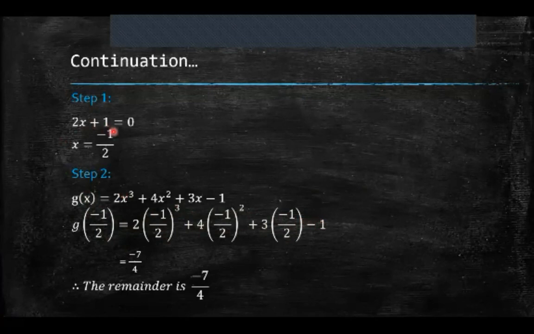What did I do? Wherever I saw x in my polynomial expression, I replaced it with minus a half. Everybody good with that so far?